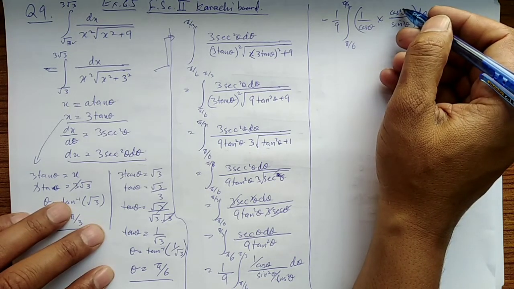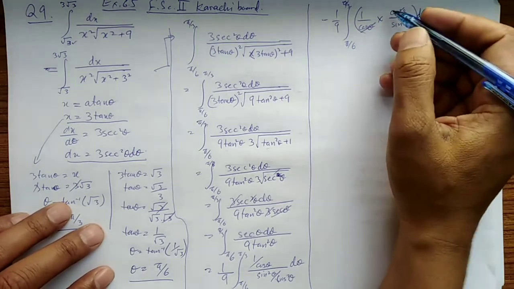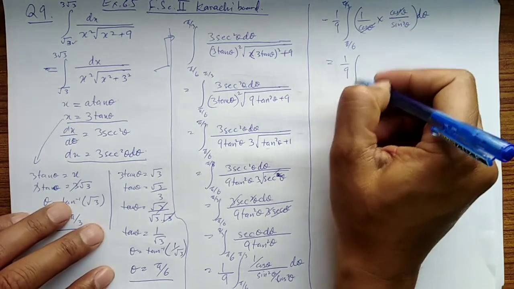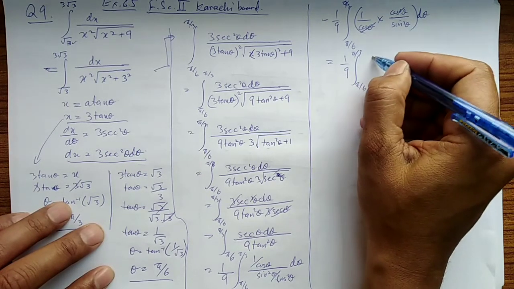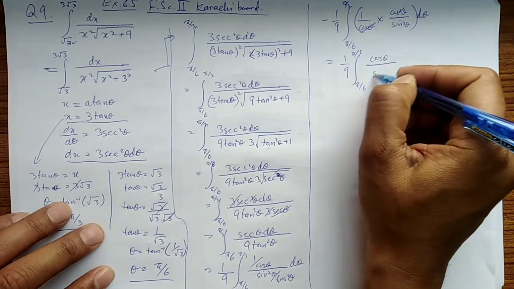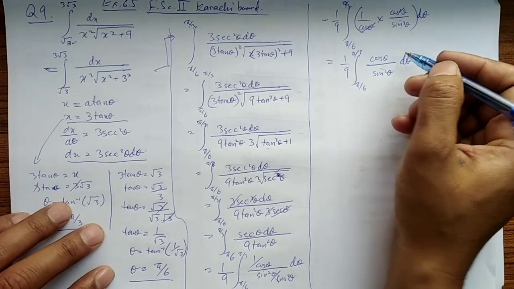So by cancellation, the cos square and this cos cancel out. This will be 1 upon 9 integral of cos theta upon sin square theta d theta, right?